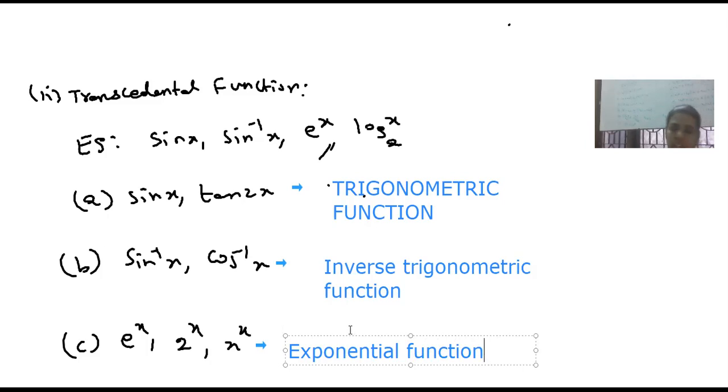இன்னும் ஒன்னு இருக்கு நமக்கு, logarithmic functions. The next one is called a logarithmic function.